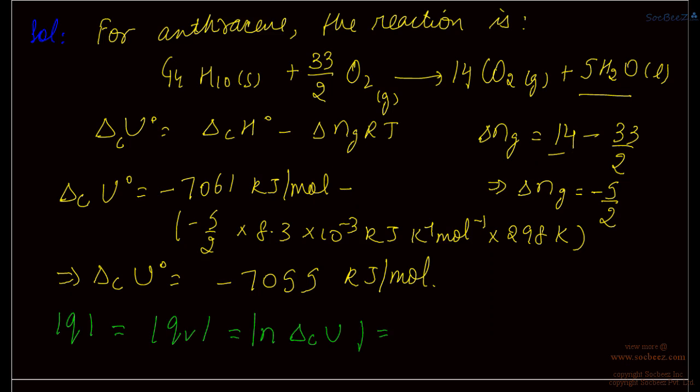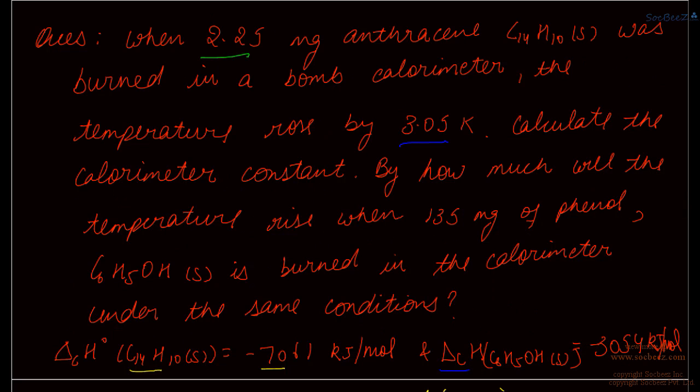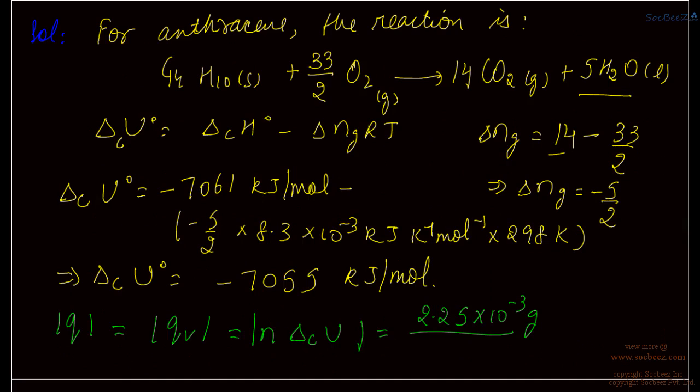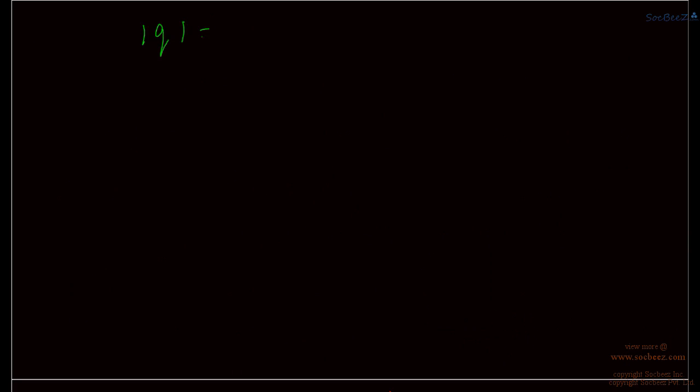So this comes out to be 2.25 into 10 raised to the power minus 3 gram, the initial amount we took being 2.25 milligrams, divided by 172.23 gram per mole, the molecular weight of anthracene, into 7055 kilojoule per mole. We skip the negative sign because we have taken the absolute value. So from here the value of Q comes out to be 0.0922 kilojoule.